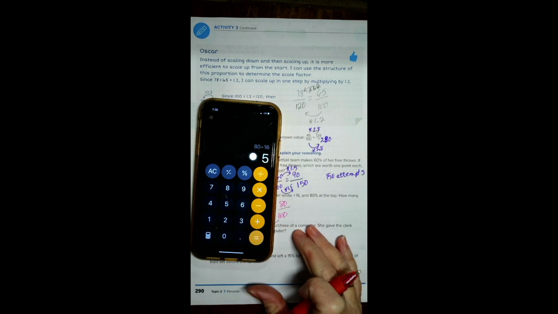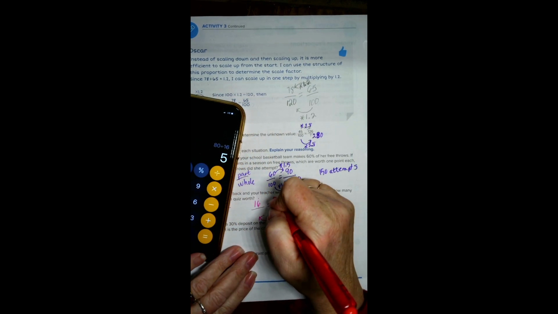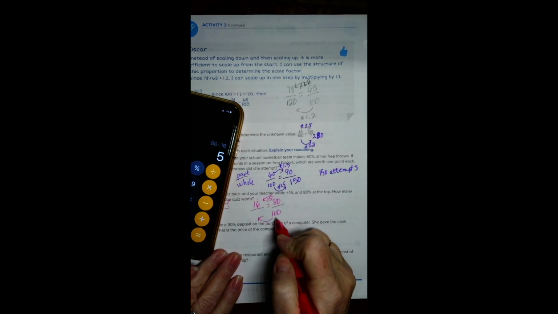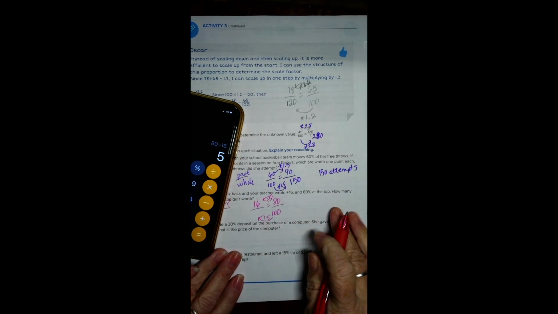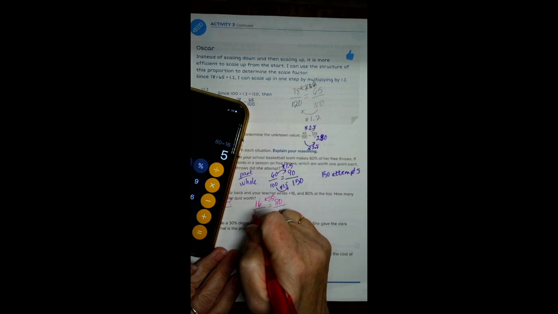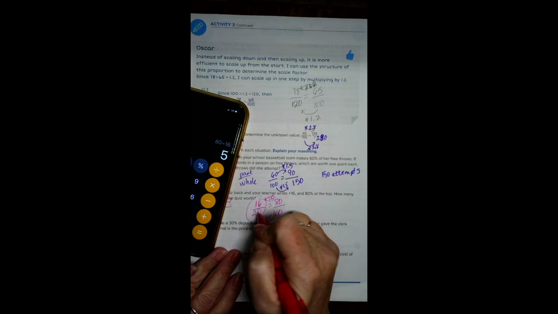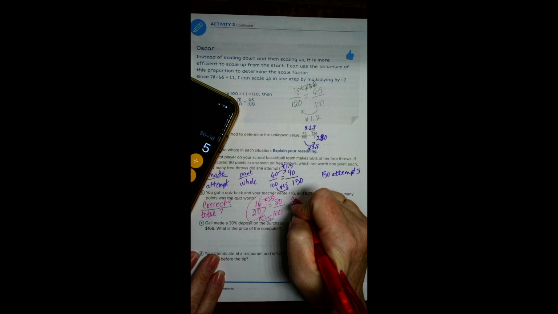Divided by 16 gives us 5, so we're dividing by 5. So if I do 100 divided by 5, I'm going to get 20. So 20 points is what it was worth.